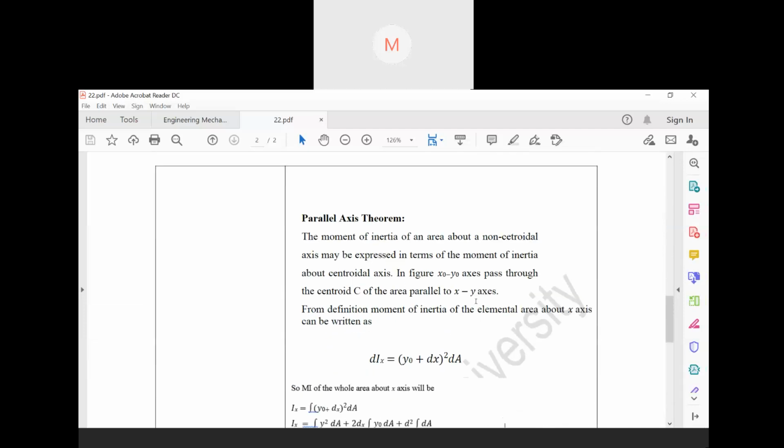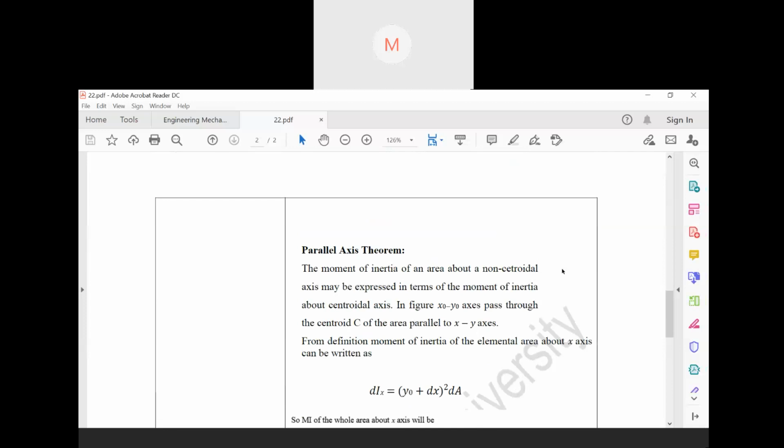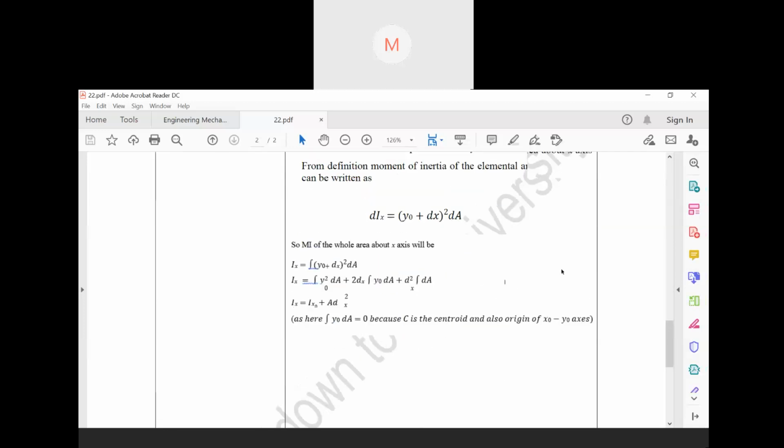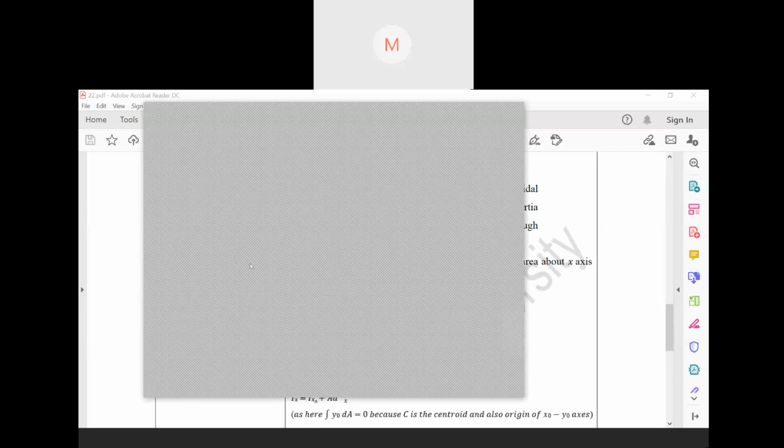Hence, Iz equal to Ix plus Iy. So this is how we measure things. Now there is another theorem which is called the parallel axis theorem.